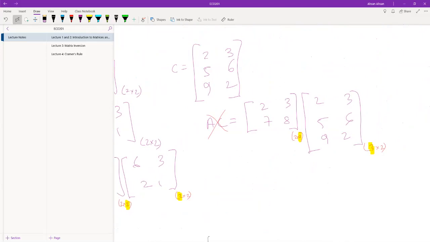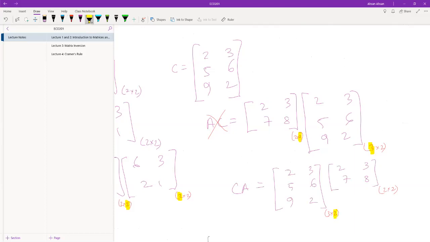So if we come back here, remember we've seen that AC cannot be multiplied because the number of columns in A and the number of rows in C are not the same. But what if we try to multiply CA? C comes first, 2, 3, 5, 6, 9, 2, multiplied by 2, 3, 7, 8. And this is a 3 by 2 matrix. This is a 2 by 2 matrix. And look what we have here.